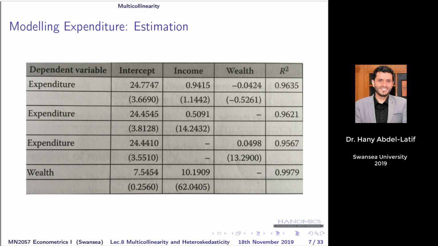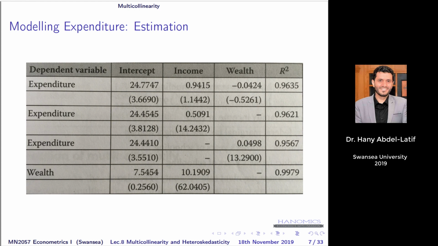Your independent variables are income and wealth. Theoretically, you would expect your income to affect your expenditures, and if you are wealthier, that would also affect your expenditure.